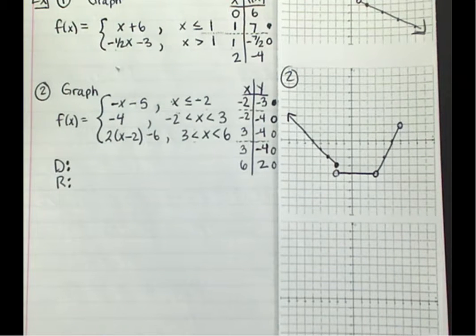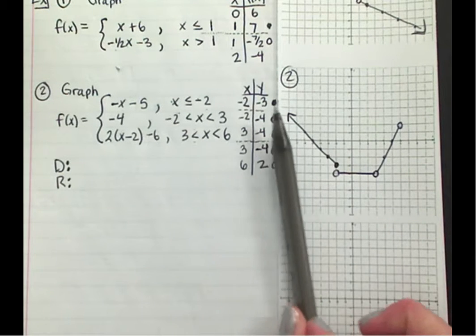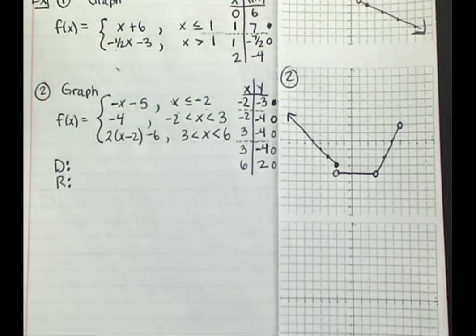Okay, think about your domain and range. How would you define them? Let's do interval notation. It's not continuous because I have to pick my pencil up to draw it. Any volunteer?